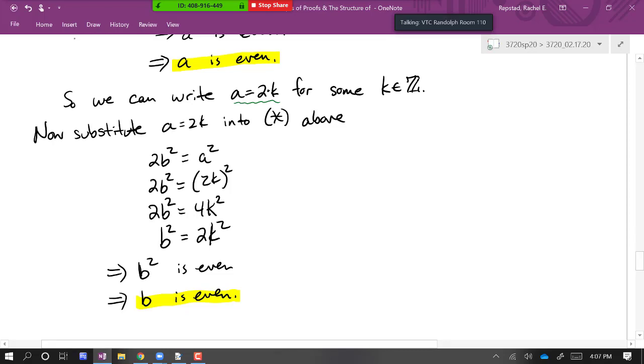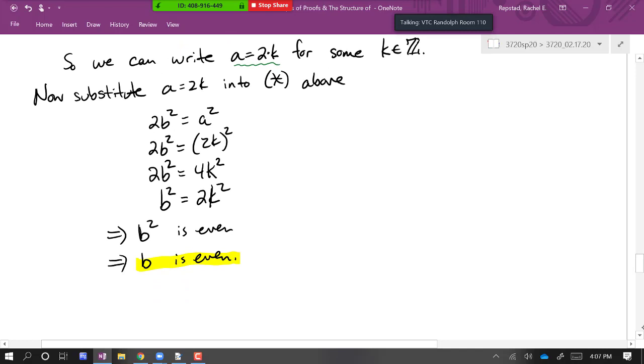What does that mean if they're both even? They're not reduced. Yeah, the fraction can't be reduced. A and b have a common factor.